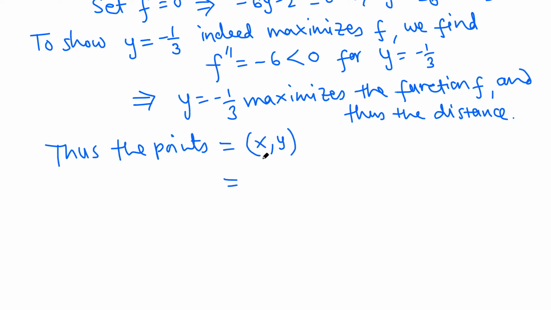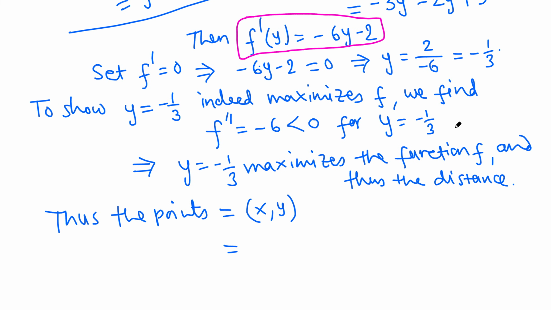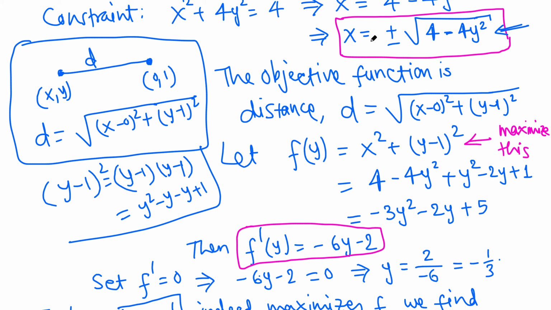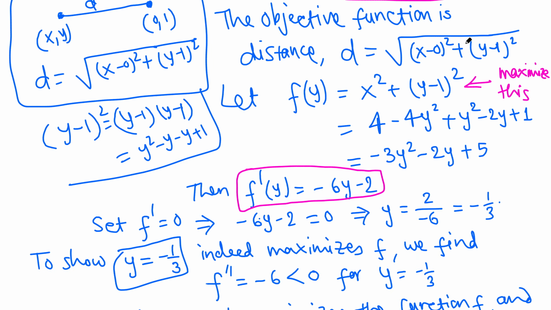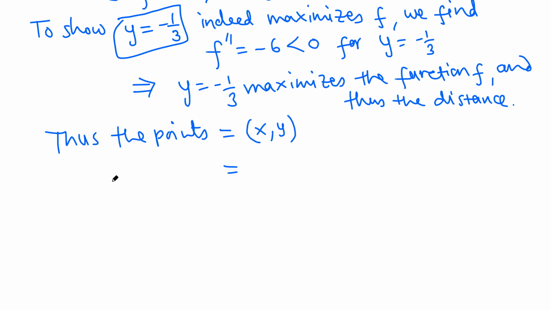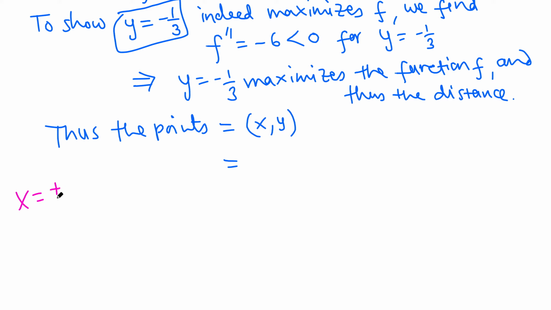Now we need to determine x, because y is -1/3, we found here, or here. Go back and plug in here. So x is plus minus √(4 - 4y²).